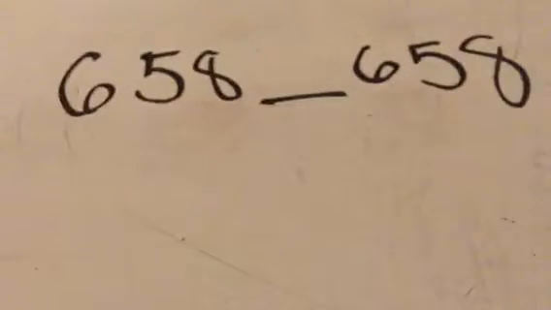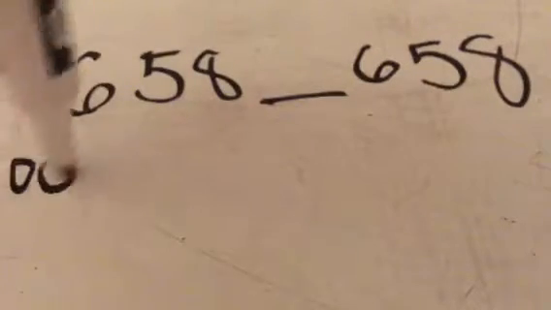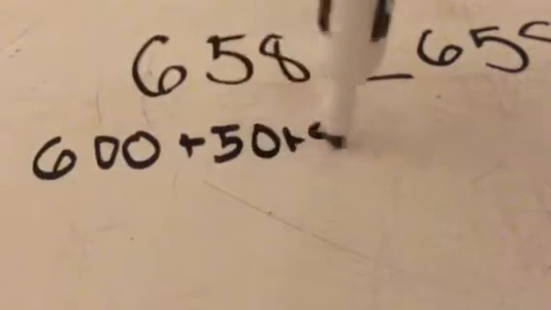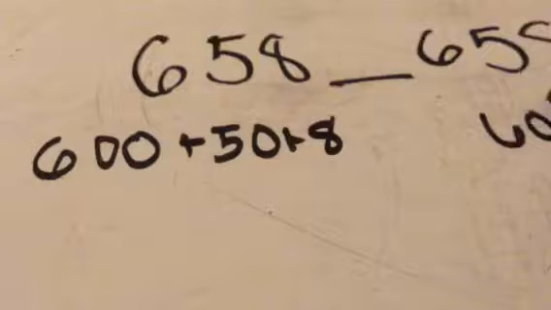So number 1 says to compare 658 and 658. I'm gonna put both of those in expanded form so I can compare their values. So 600 plus 50 plus 8 compared to 600 plus 50 plus 8.